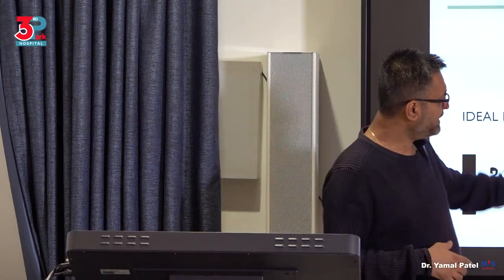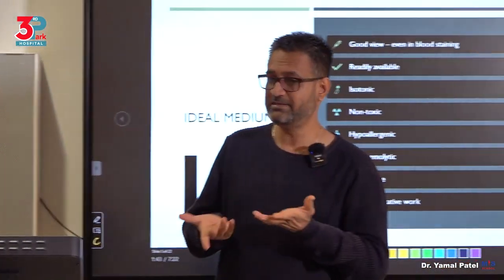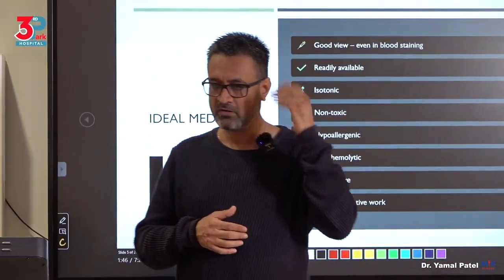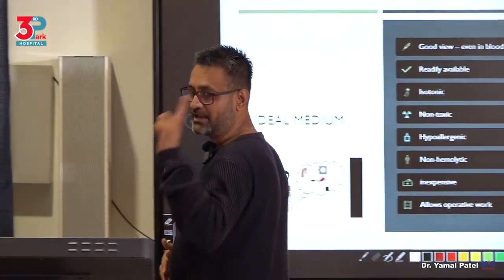So you don't use something with proteins and all that stuff. The moment you use something with proteins, you're also risking allergy. It should be non-hemolytic. It should not cause hemolysis. It should be cheap, and it should be able to allow operative work. And it should be safe. So if I look at it from all these angles, then I think one stands out, and that's normal saline, okay?